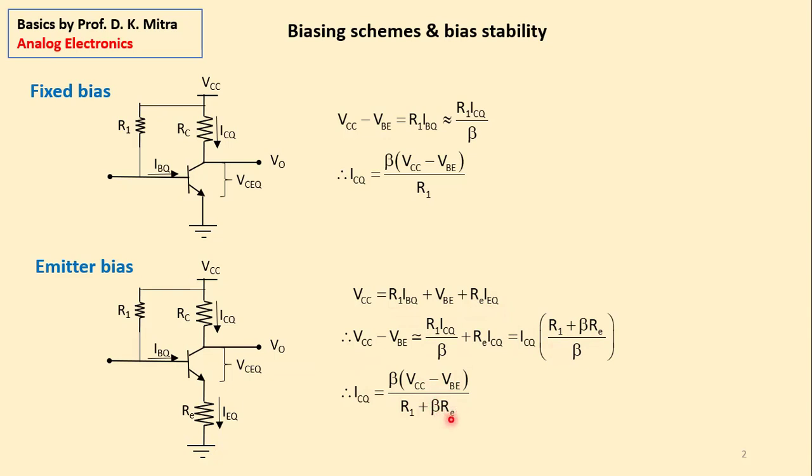Here we have added one more resistor RE. Once again, I repeat, this is not a mathematical equation to decide ICQ. This equation gives you, having decided R1, RE, VCC and beta, what is your ICQ, right? So this is emitter bias.